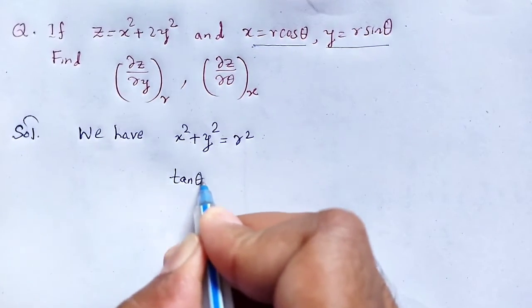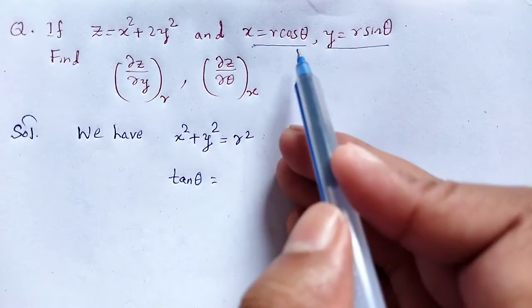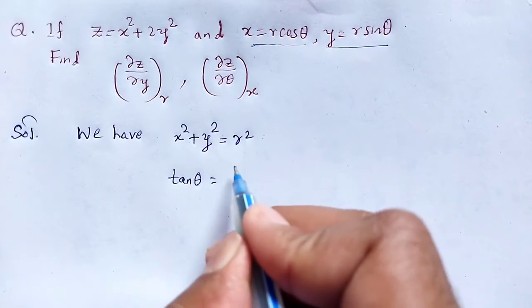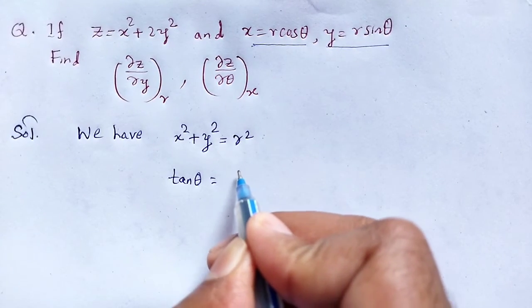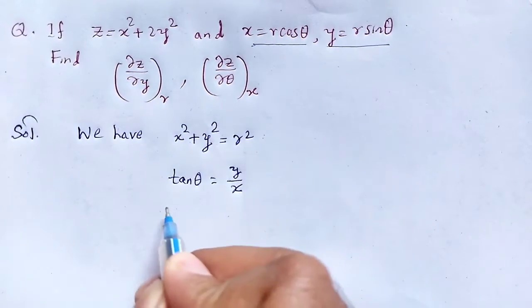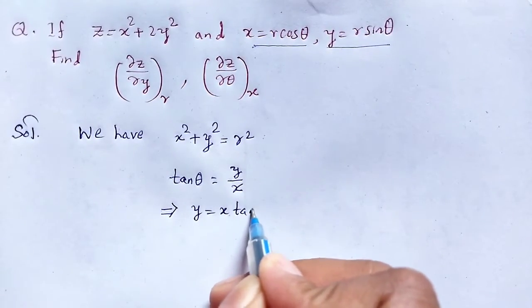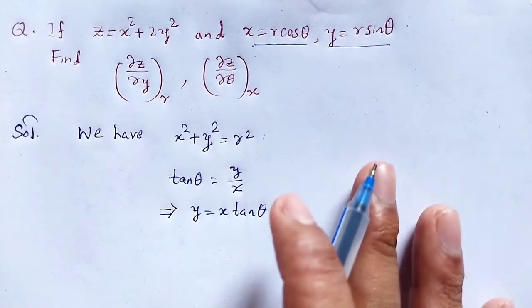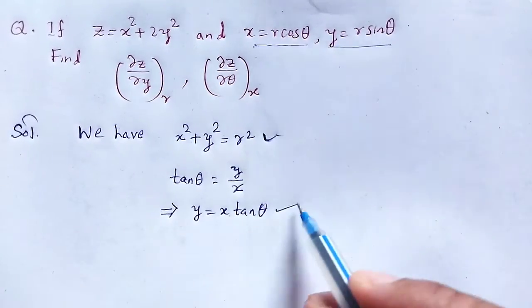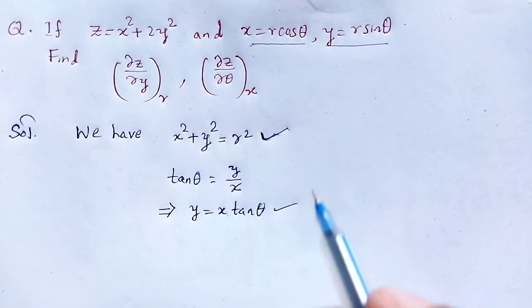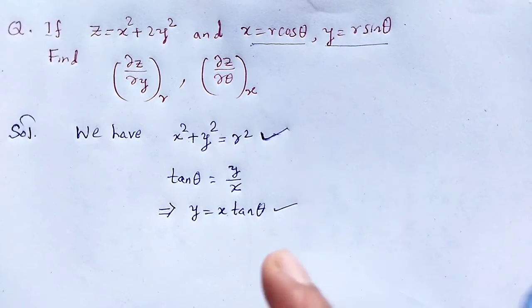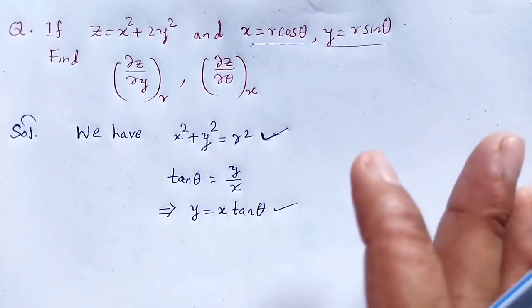Tan theta is equal to, we divide sin theta by cos theta, that is tan theta is equal to y by x, which implies y is equal to x tan theta. We find two relations: x square plus y square is equal to r square, and y equal to x tan theta, that is y in terms of x and theta.